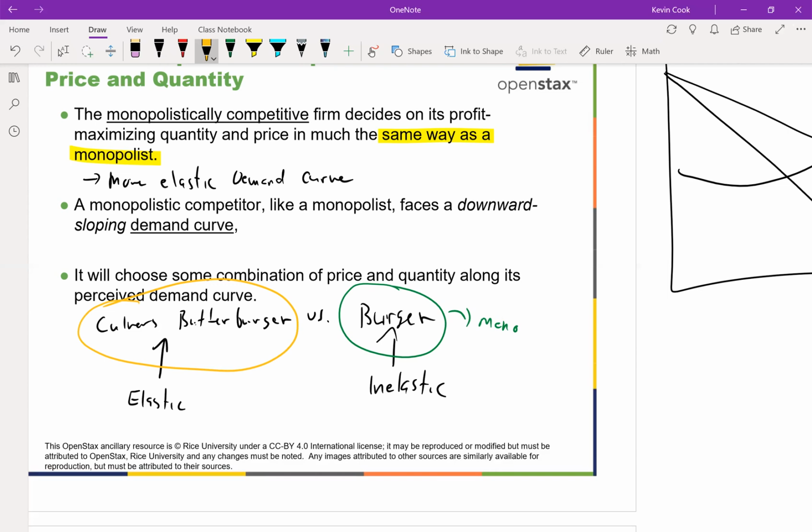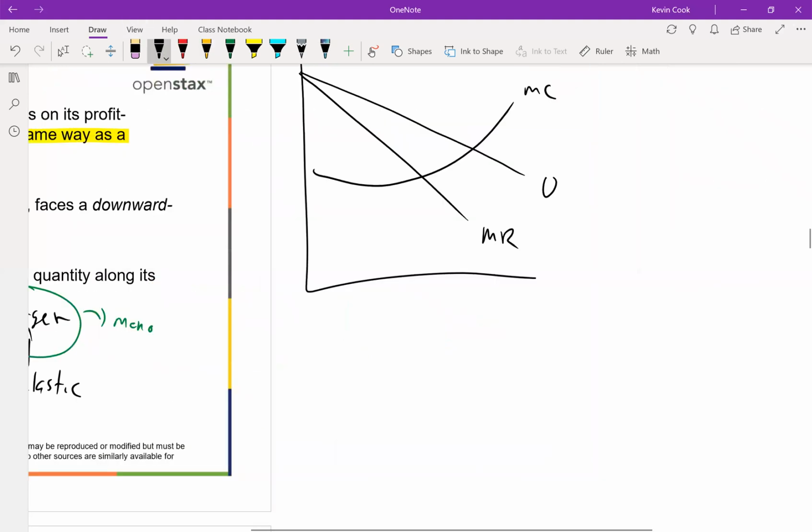They are different than McDonald's or Burger King or Colorado Grill or whatever your local restaurant may be. They're different, but again, they're similar to everybody else. So this is the monopolistic competitor. What this will look like, and I'm going to color code these a little bit just for the sake of why not.